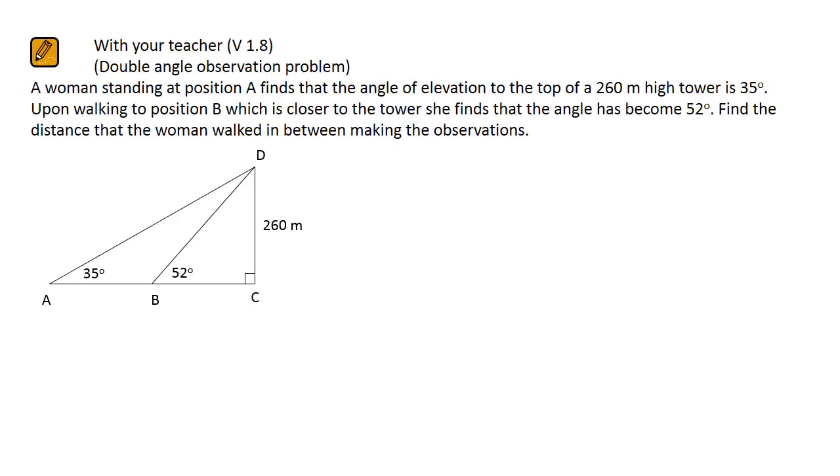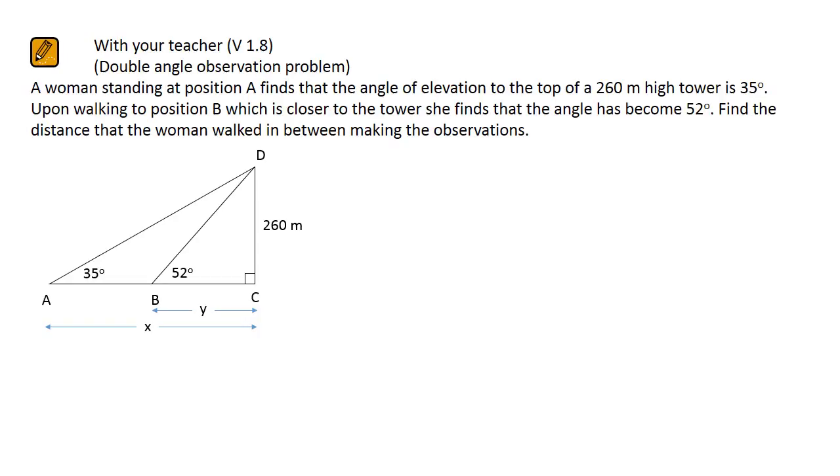We're going to start by looking at the big triangle ACD. We've got enough information about that triangle that we could work out the distance from A to C. We'll call it X. Then we're going to look at the other triangle, the small triangle BCD. There's enough information there that we could work out the distance from B to C. We'll call it Y. We can then work out the distance that we require, the distance AB, by taking away one answer from the other.